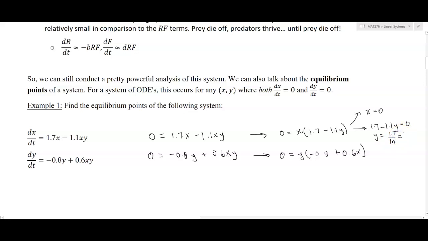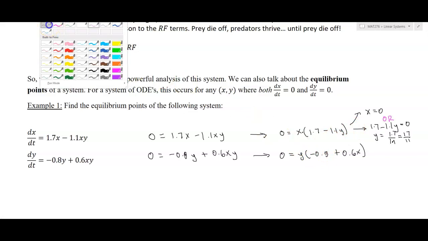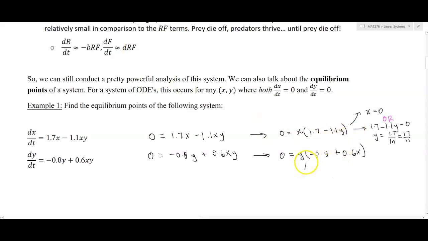And that's the same thing as 17/11. Now this is an OR statement here. This means either of these two facts could be true in order for the dx/dt function to have a 0 rate of change.